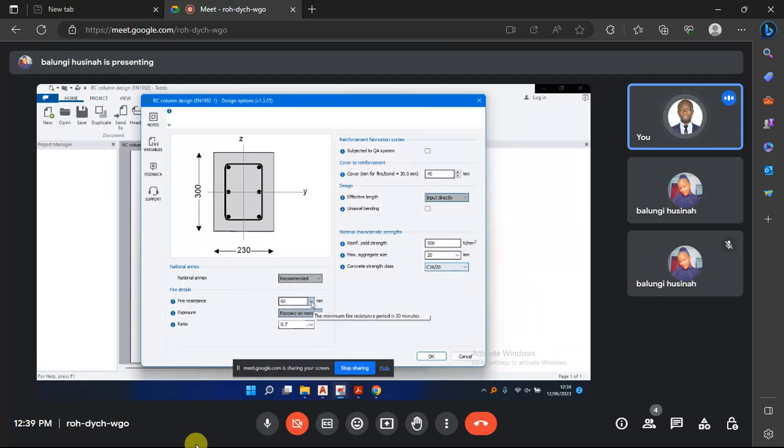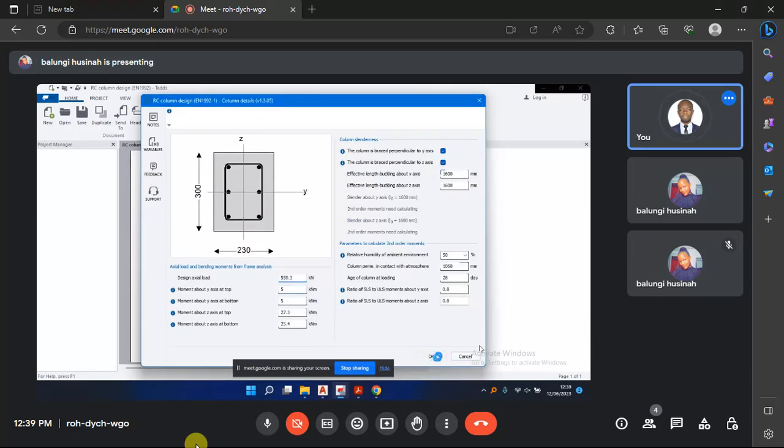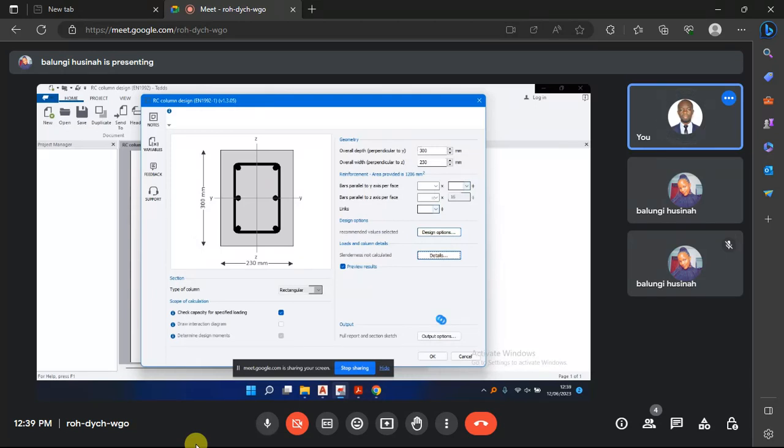You reduce 30 minutes. Because you know what happens at the end of the day, they will plaster this column, eh? They will not leave it unplastered, so still it will.